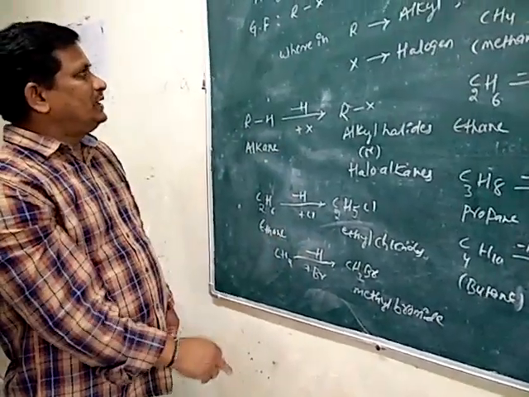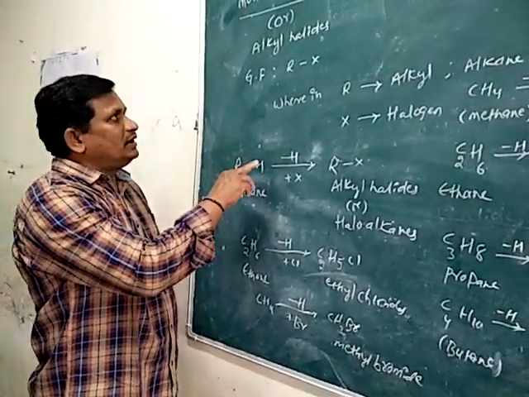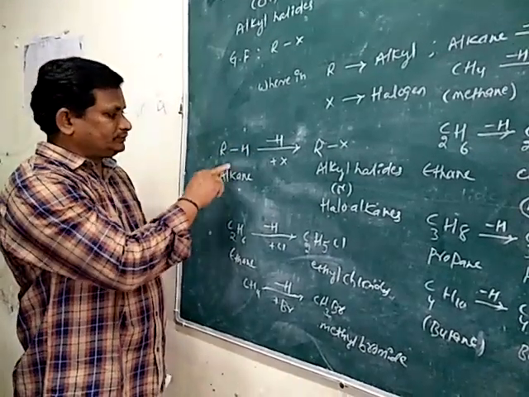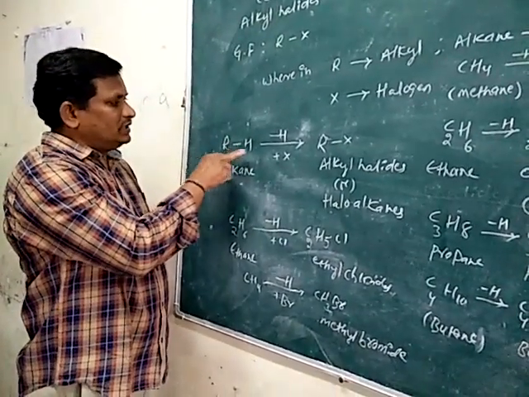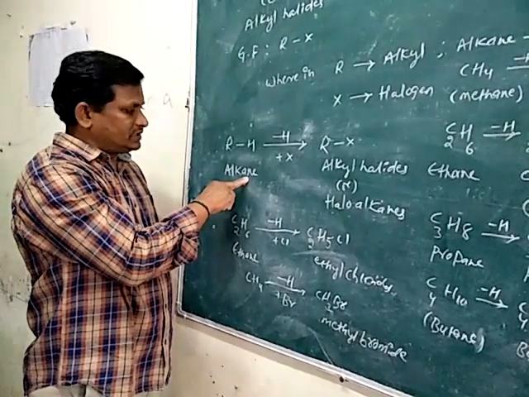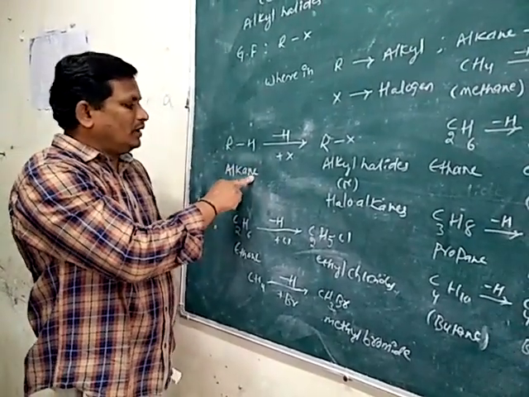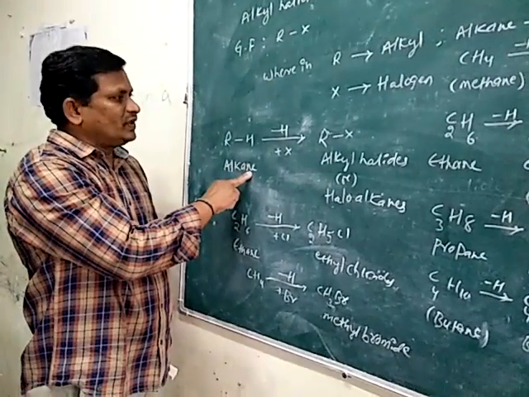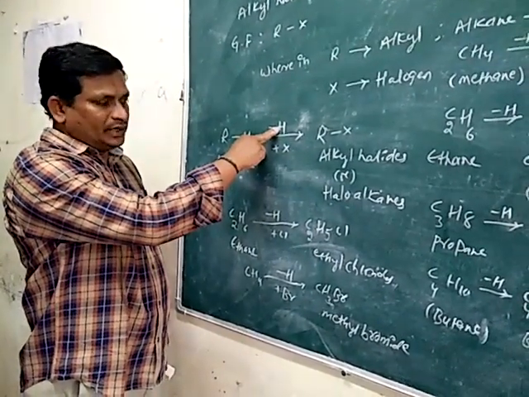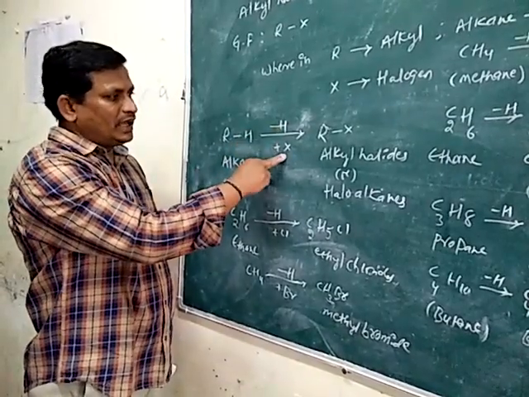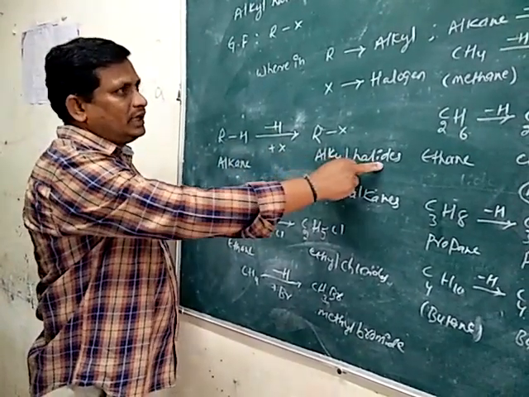So these are simply alkyl halides or haloalkanes. These are prepared from the alkanes. Haloalkanes are prepared from the alkanes by replacement of hydrogen by the halogen, and are called alkyl halides.